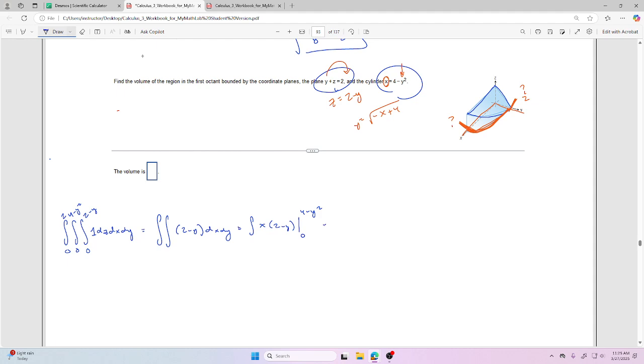And then I could plug that in for my x. I don't know where that little stray thing went. 4 minus y squared, 2 minus y, dy. What do you propose at this point?